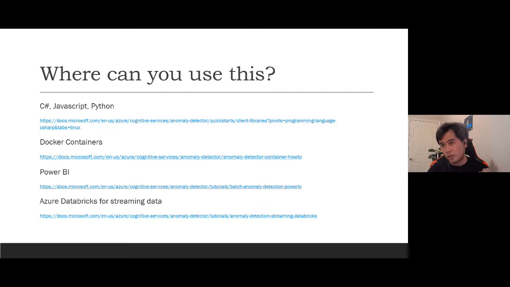There's also a way you can package them in Docker containers. There are instructions out there you can incorporate into your Power BI. So if you have a sales report where you want to find anomalies, or some data where you want to showcase anomalies, you can also incorporate it into your Power BI. There's also a way you can incorporate it with Azure Databricks for streaming data.